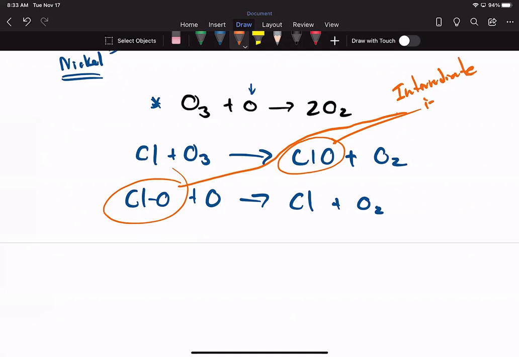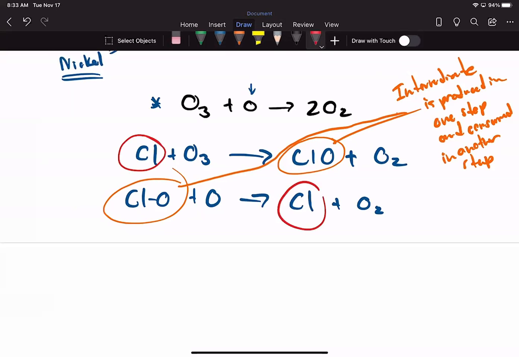An intermediate is produced in one step and consumed in another step, right? Does that sound familiar at all? An intermediate, we produce it in one step, consume it in another step.